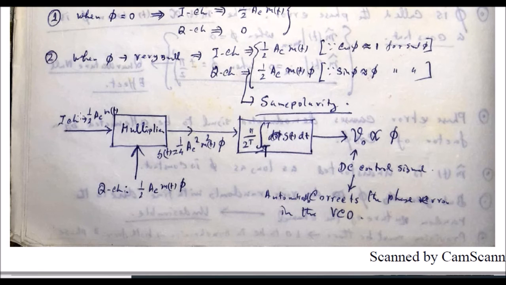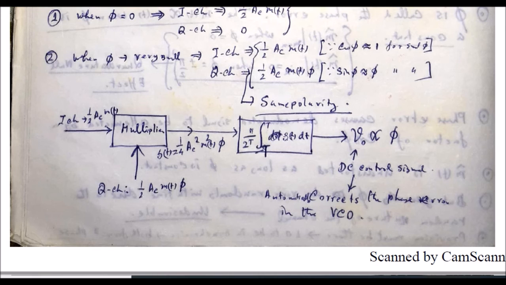After multiplying the in channel term and the Q channel term, the output of that multiplier will be equal to 1/4 of AC squared m squared(t) multiplied by phi. It will be the input of the next section, which does the average operation, that means simple integration.